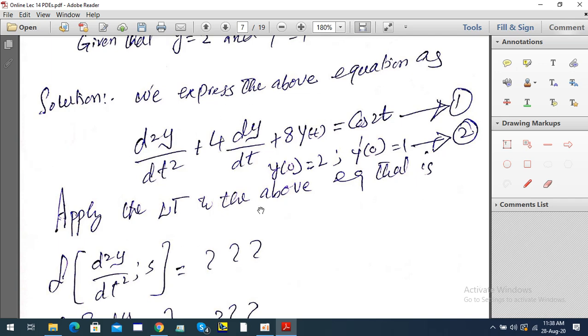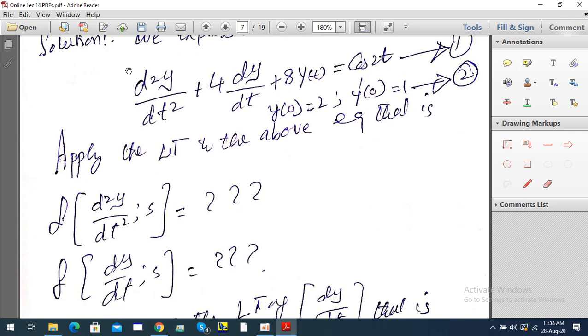So before we take the Laplace, or solve this differential equation by using the Laplace transform technique, first let me discuss what will be the Laplace of the derivatives. I will just take this one first: the Laplace of d square y by dt square equals this thing. I will explain this also in this lecture after this. So we have to apply Laplace on this one, this one, this one, and this one.